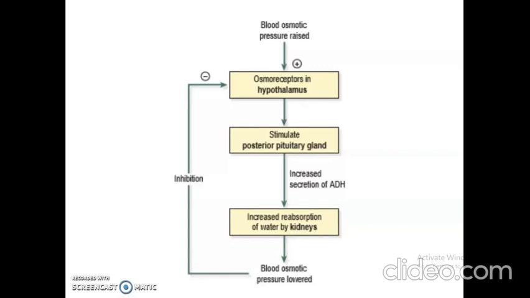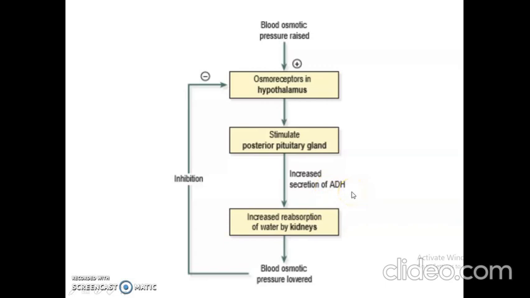So as already explained, the structural and functional units of the kidney are nephrons. The urine formation mainly occurs in the nephron by different mechanisms. Mainly, three steps are involved in the formation of urine: glomerular filtration, reabsorption, as well as secretion at the different sites of the nephron.